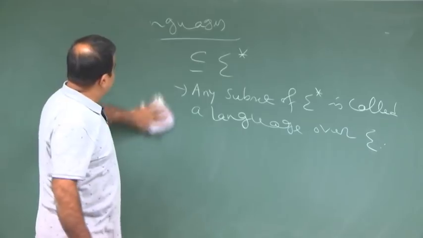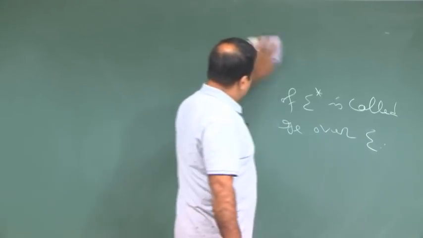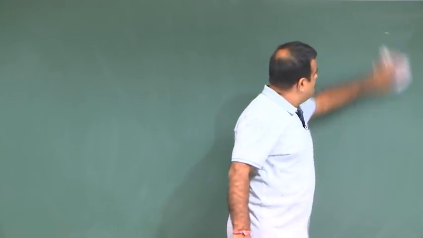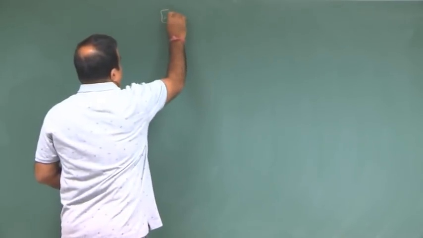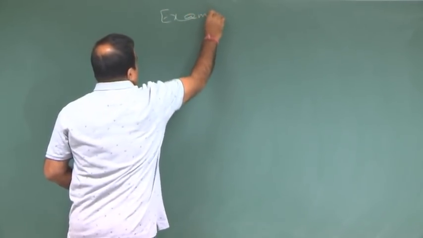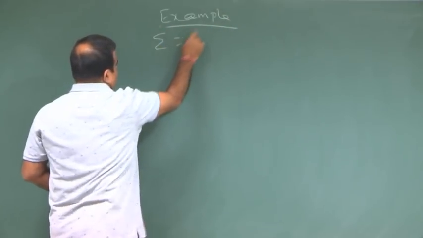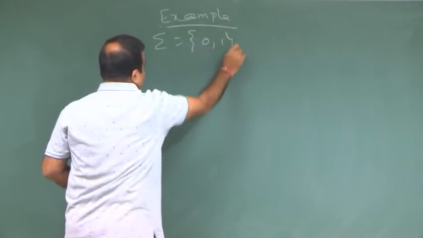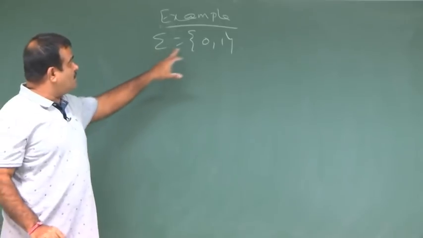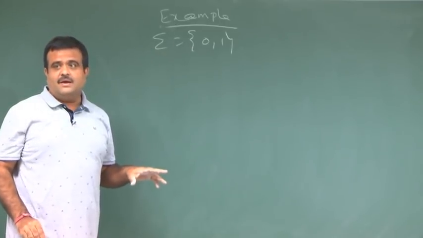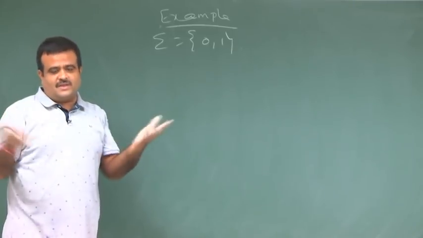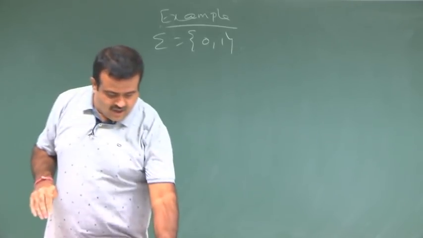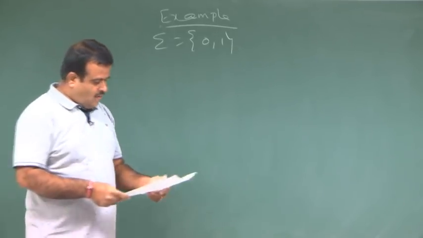So, now we will take some examples of languages. Suppose our sigma is 0 1, a binary alphabet. This set is always finite. Our input alphabet is always finite, but a string could be, we can think of infinite strings.